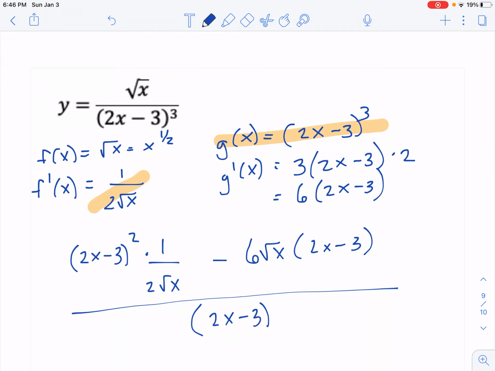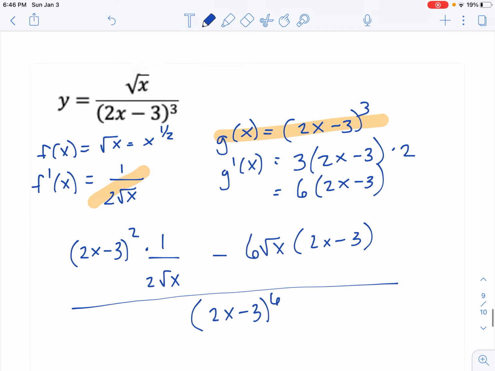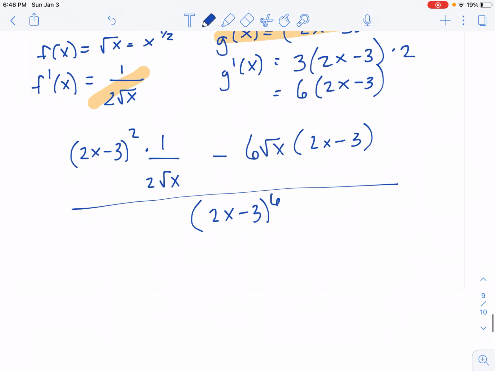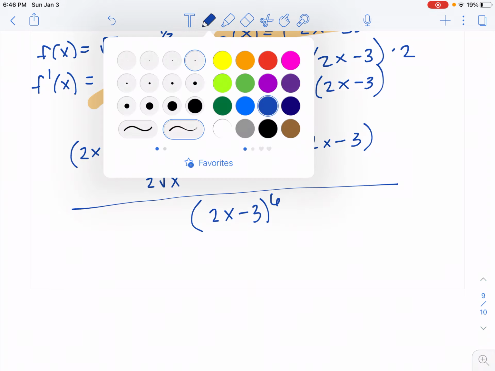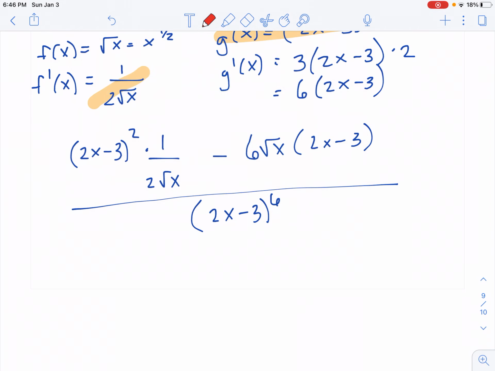And if I square g of x, if you square something that's being cubed, you multiply the exponents. All right, we're going to have to simplify this a little bit. So first step is to get a common denominator in your numerator.